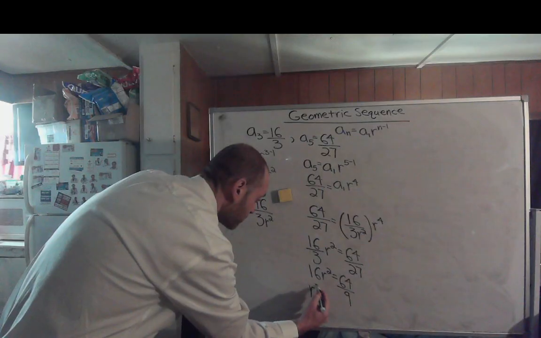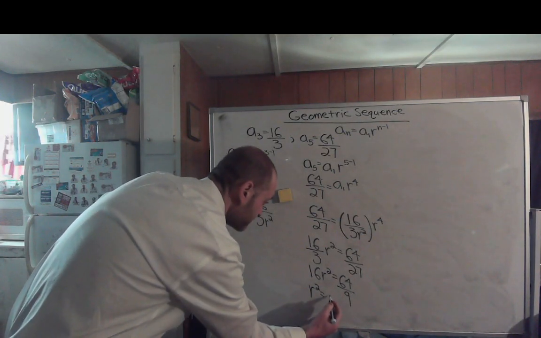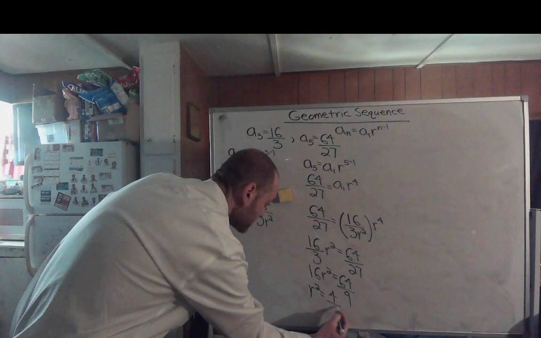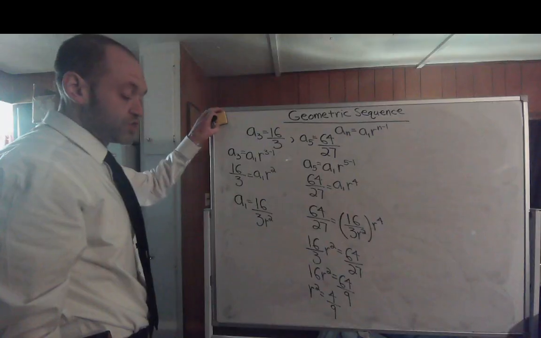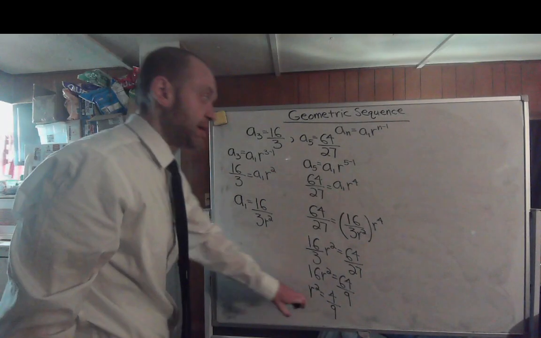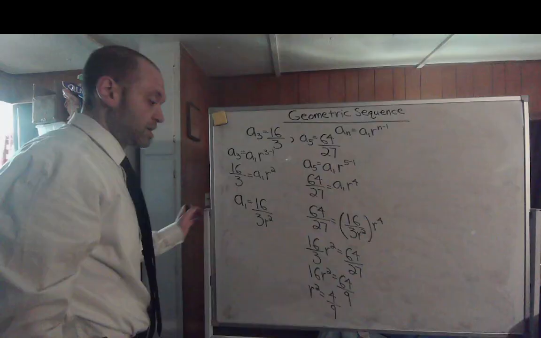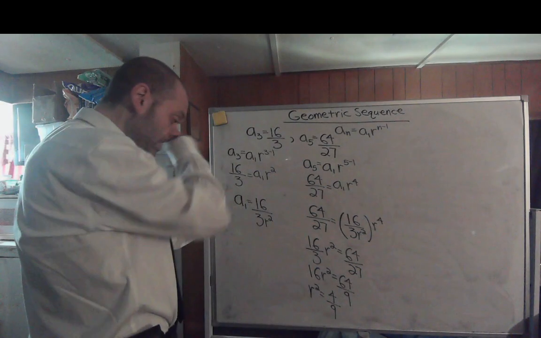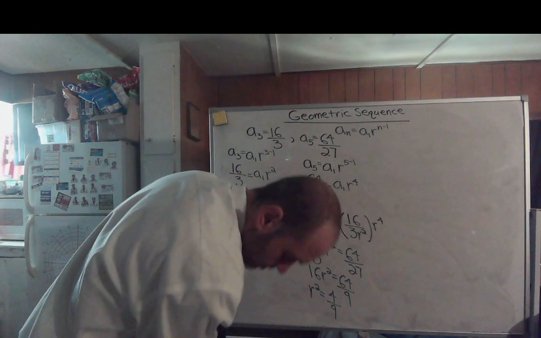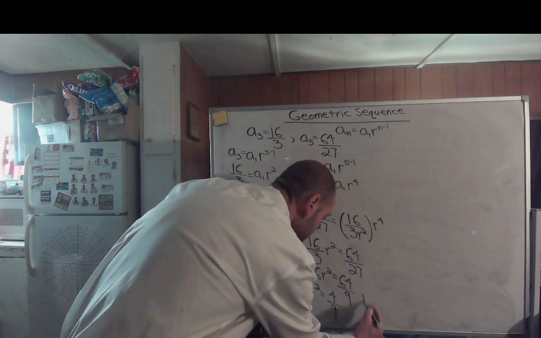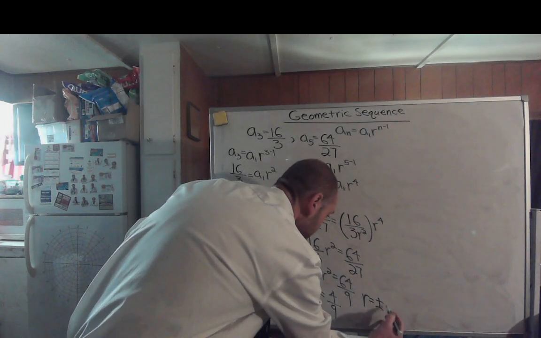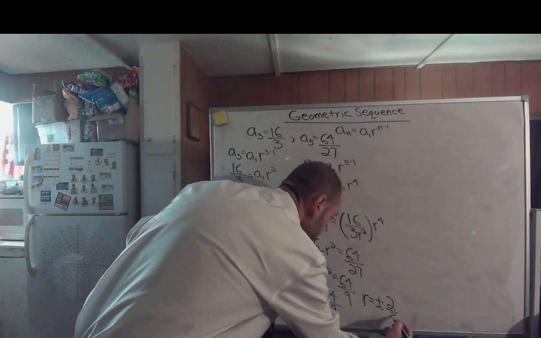So r squared equals 4/9. Now we just have a simple quadratic. We're going to have two possible values for our common ratio. So take the positive and negative square root of 4/9. That means r is going to equal plus and minus 2/3.